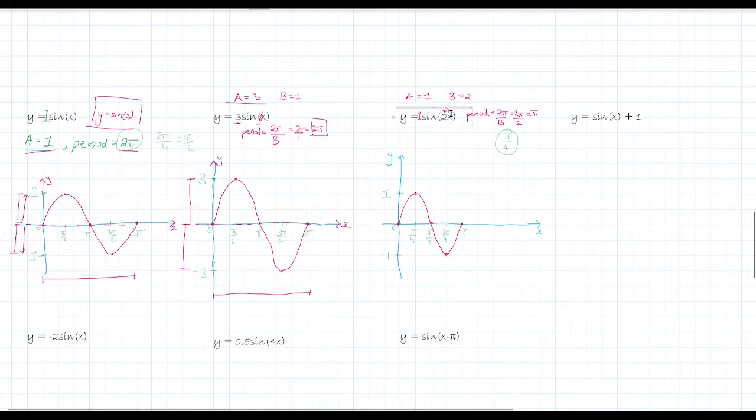For y equals sine 2x, one cycle went between 0 and pi. So this cycle is half of our regular sine x graph. If you were to draw this graph on here, it would look something like this.